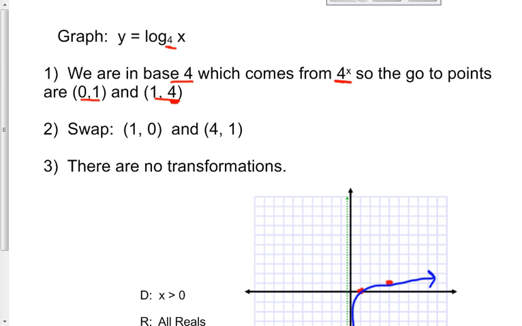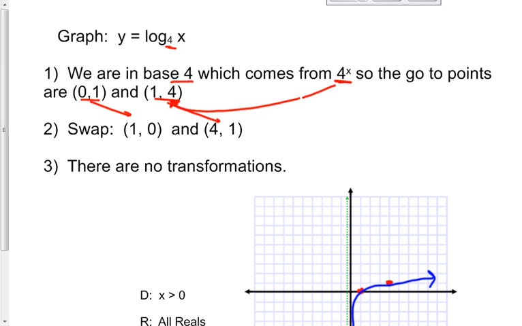Since we're in base 4, we're going to use (1, 4). Now, we're not graphing the exponential, we're graphing the inverse of the exponential. Inverse means switch the letters. So we need to swap (0, 1) into (1, 0), and swap (1, 4) into (4, 1). This is what we will then plot and do any shifting if need be.